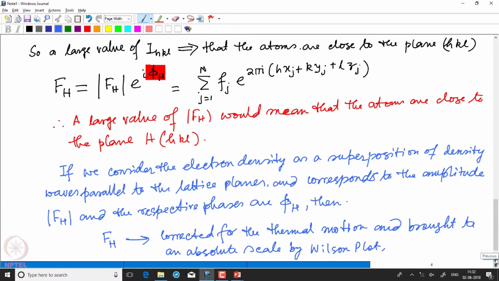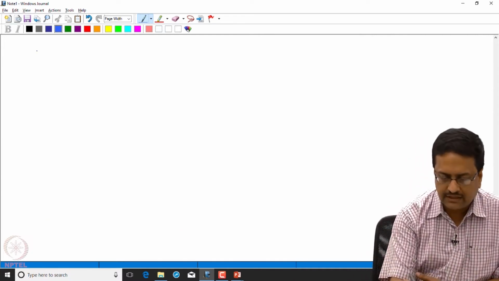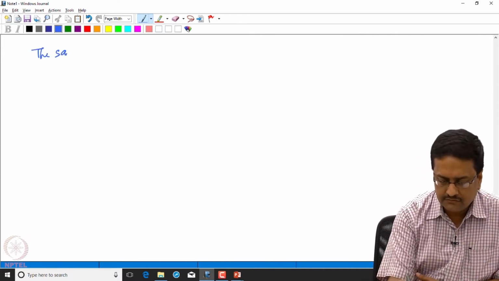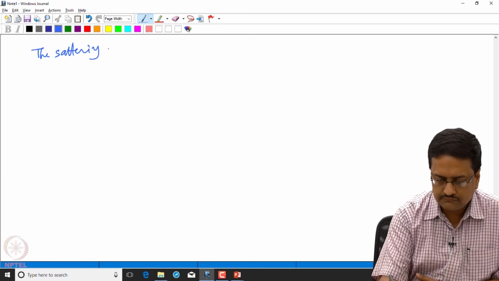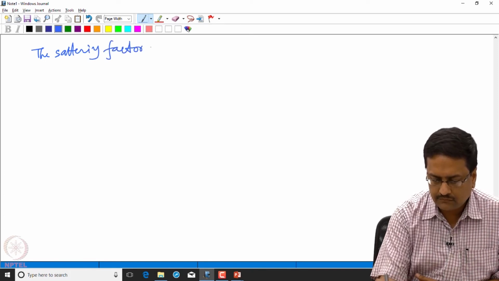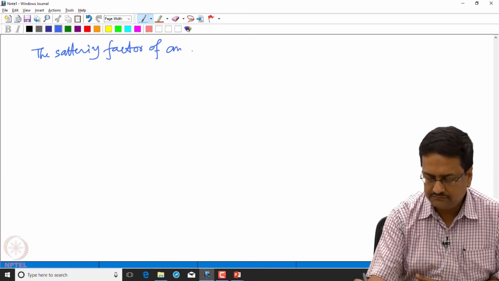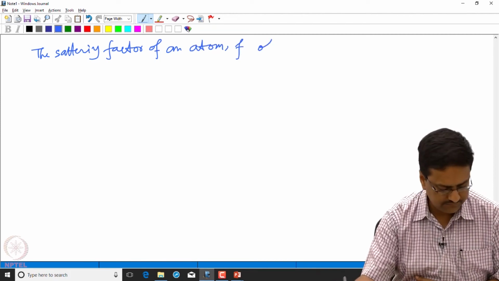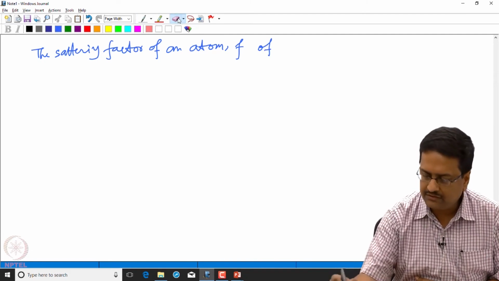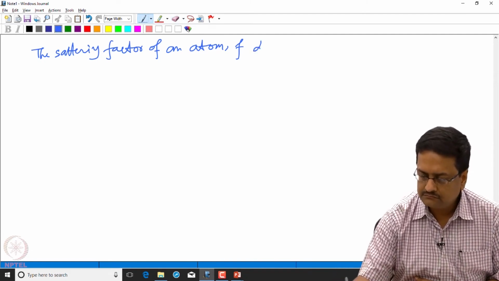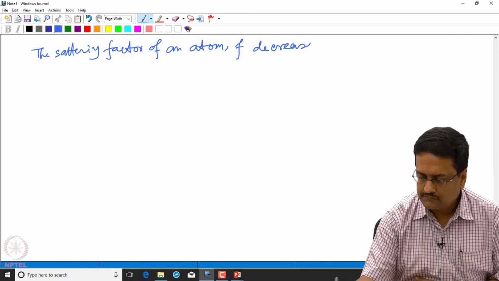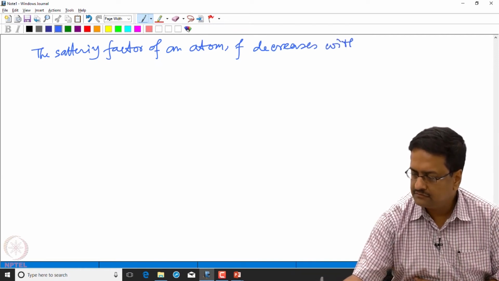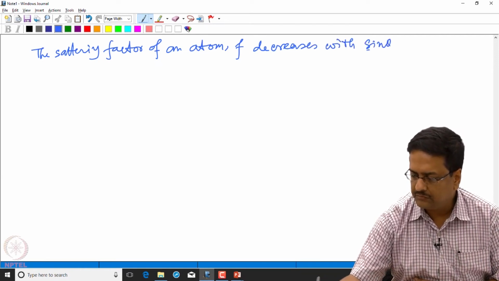Then the scattering factor f of an atom decreases with sin theta by lambda.